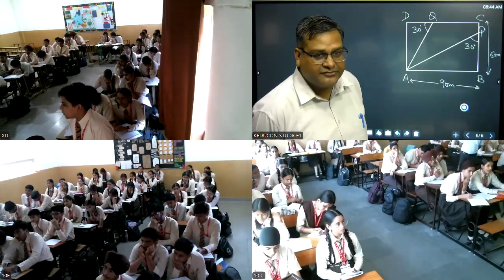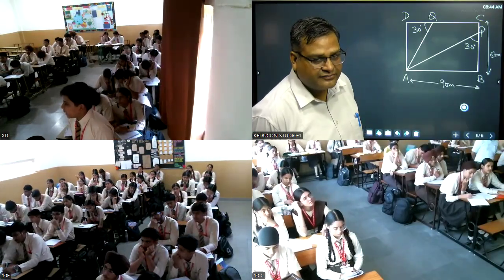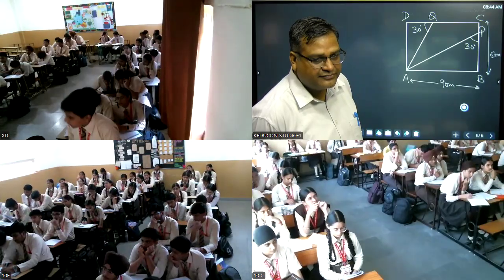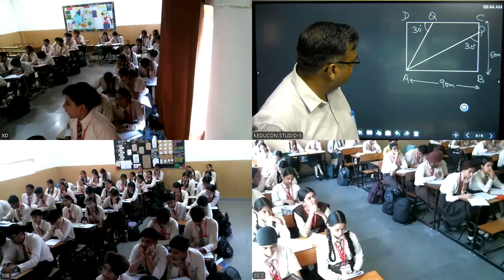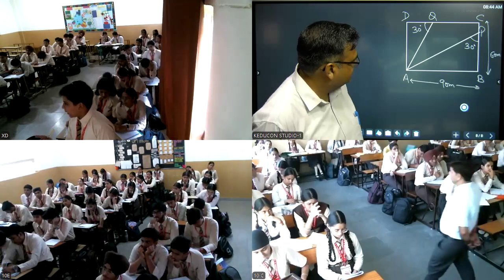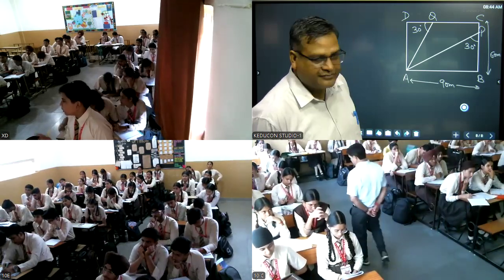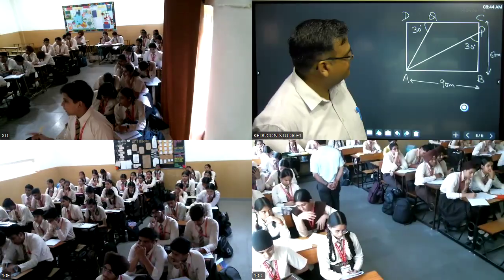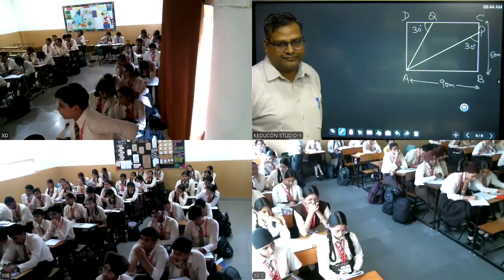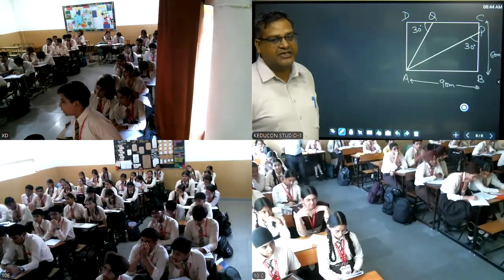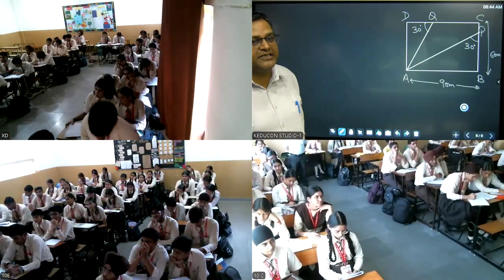So we will apply sin 30 degrees equal to P by H in triangle AQD, and we will in triangle ABQ where we have theta 30 degree and angle B 90 degree. Apply a trigonometric ratio and we will find out the value. Yes. Very good, beta. Very good. Please sit down.